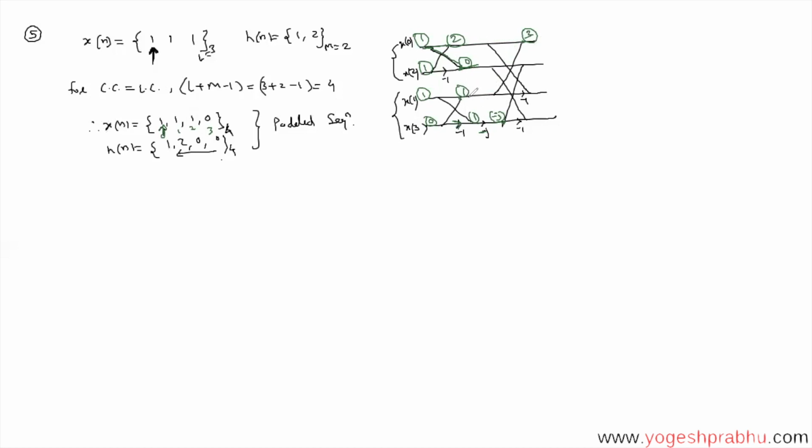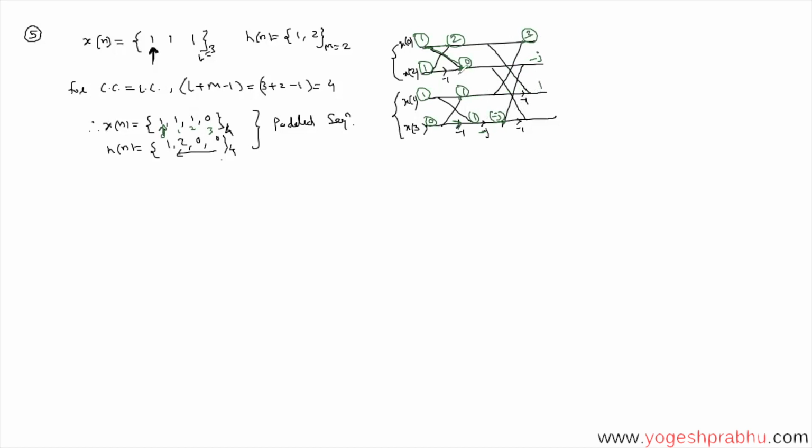Now you got 0 coming from here and negative j coming from here. 0 and negative j is going to be negative j. And then 2 and 1 comes here and multiplies with -1. So that's -1. 2 and -1 is going to be 1.